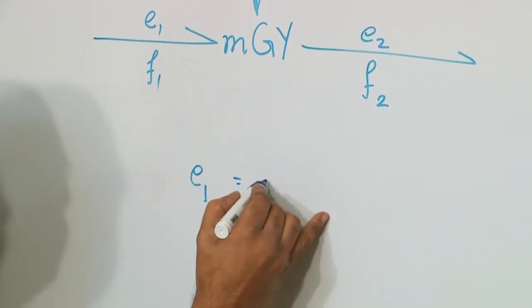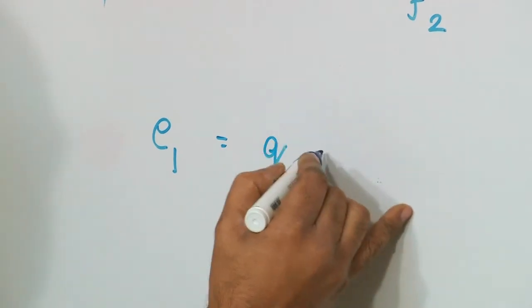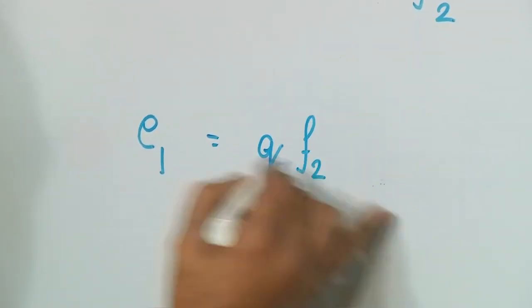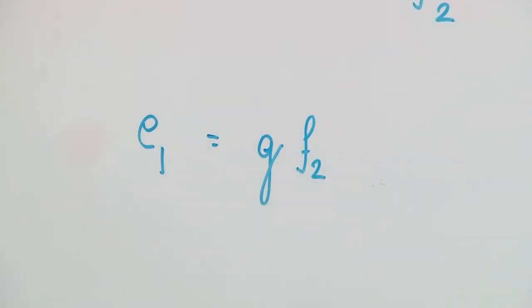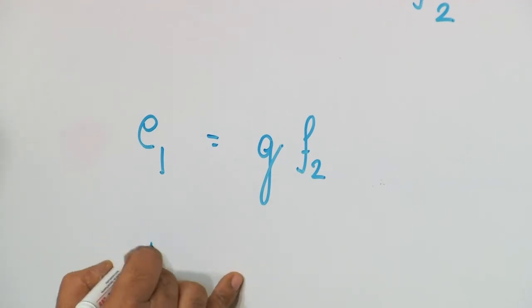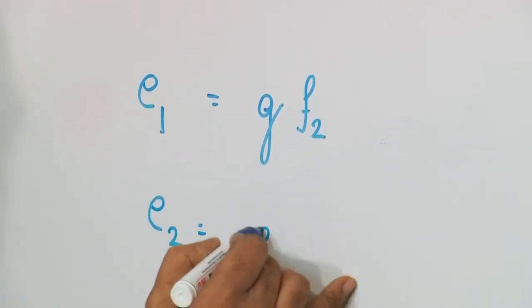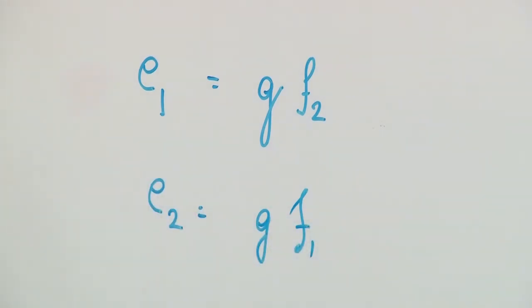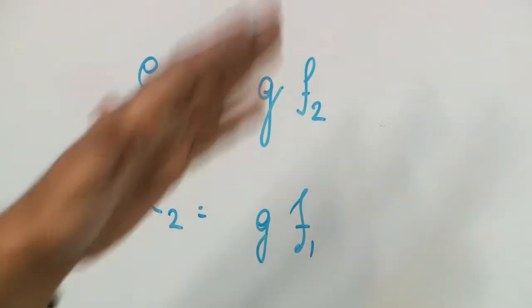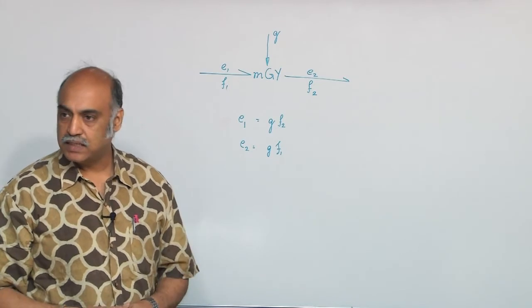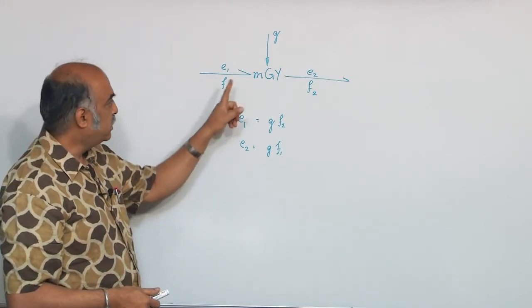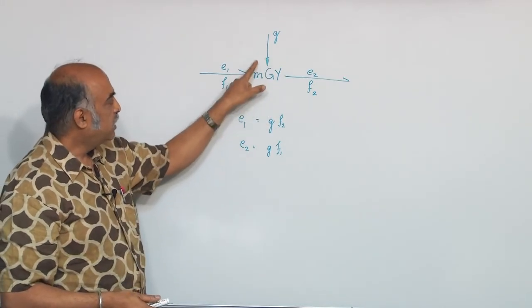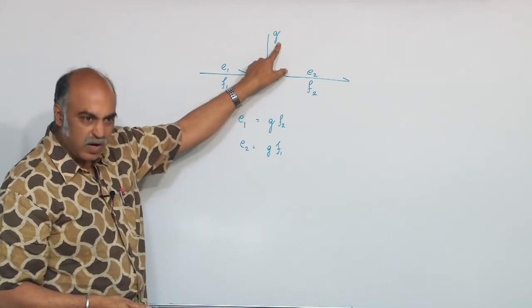E1 is equal to G F2, E2 is equal to G F1, and depending upon which is cause and effect, you can appropriately position them. The causality also will remain exactly the same as the normal gyrator, except that I have put this to indicate that this is not a constant.